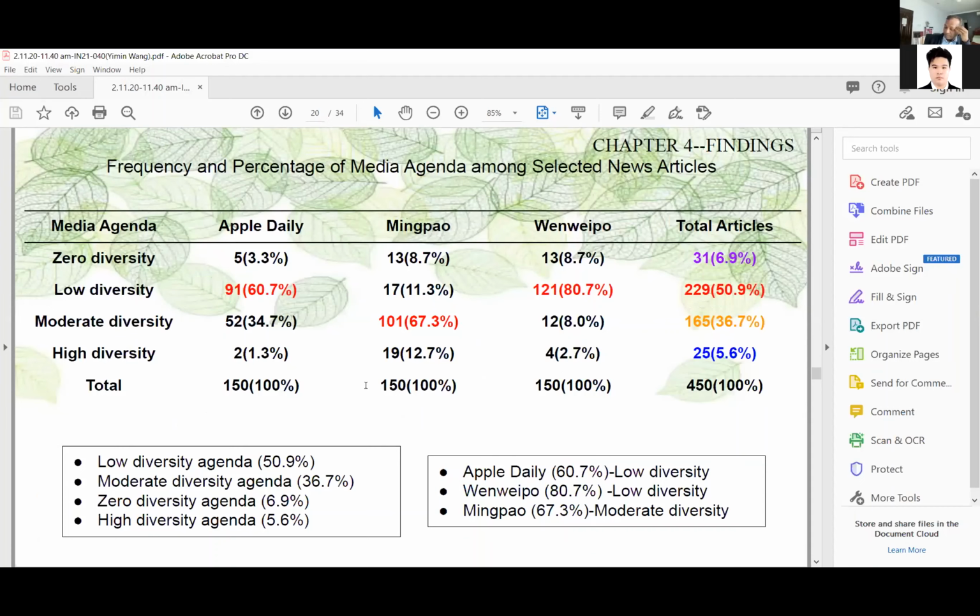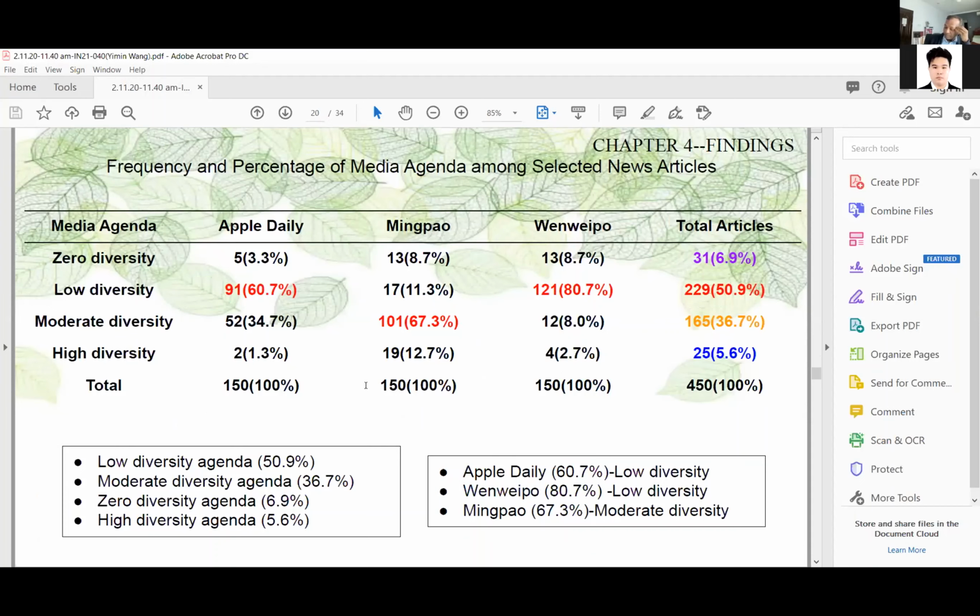The measurement and coding process is that we collected the data from the inside research engine and the website news review, developed a coding scheme, and finally designed a coding sheet. For the diversity level of media agenda, I coded the diversity level as zero diversity, low, moderate, and high, according to the number of topics that appeared in the news agenda.